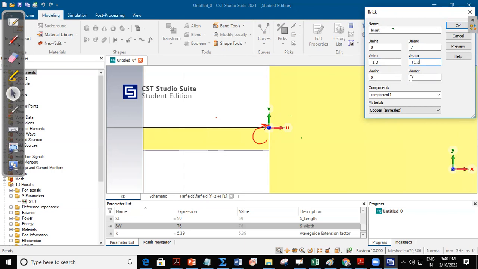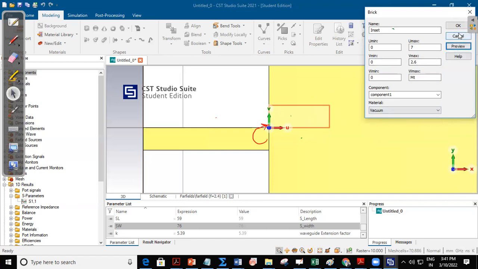The thickness, let's write it as MT, but since U is there, I will write minus MT to plus MT, because we are actually creating this over the patch. If we select the material as vacuum, let's preview what happens. Inset is available here, but it is not correct because I wrote it as minus 0.3 to plus 0.3. Let me write 0 to 2.6 and preview. Yeah, now the exact inset is available.